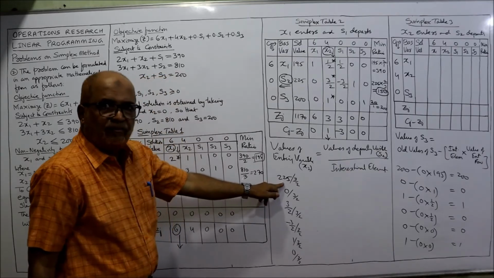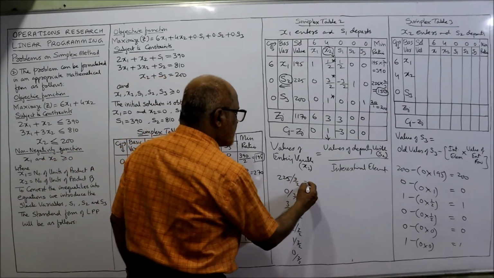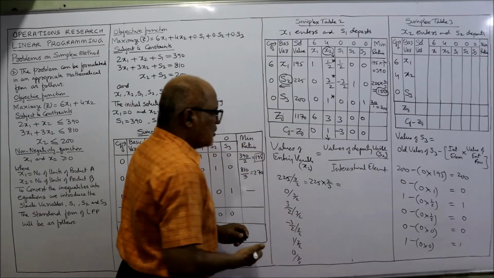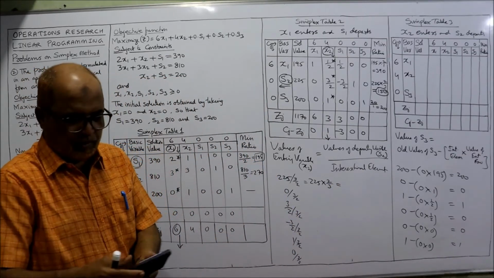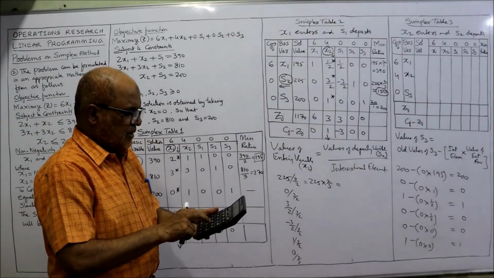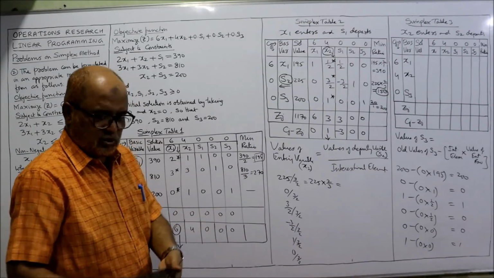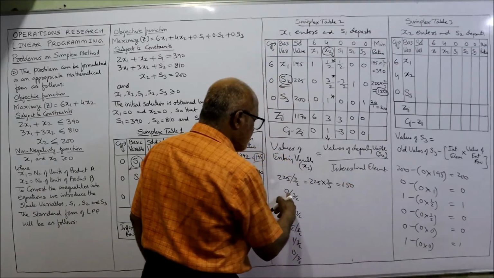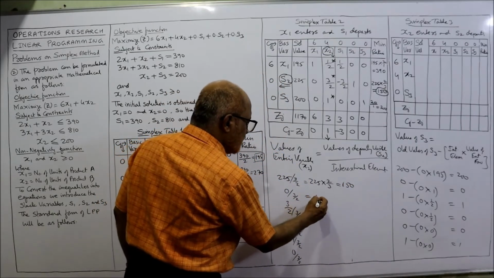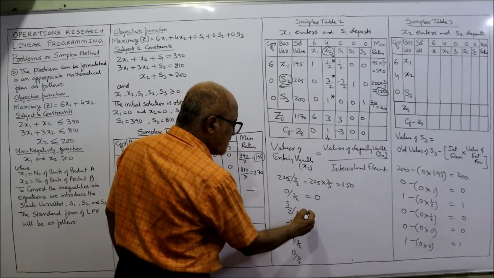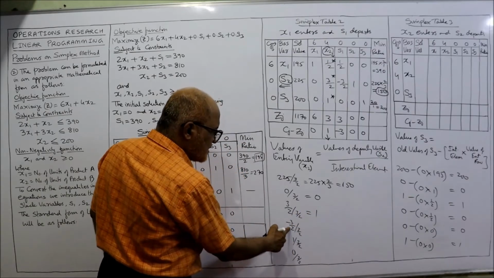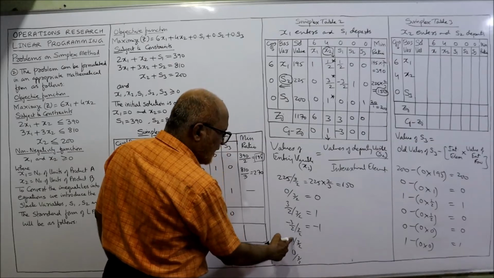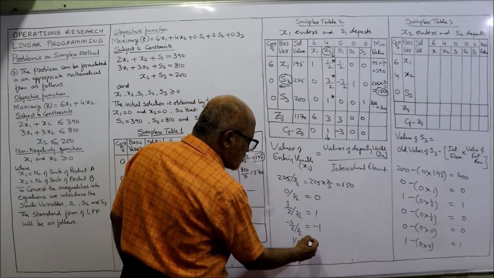So 225 divided by 3 by 2. This can be written as 225 into 2 by 3. So 225 into 2 divided by 3. It comes to 150. Similarly, 0 divided by 3 by 2 is 0. 3 by 2 divided by 3 by 2 is 1. Minus 3 by 2 divided by 3 by 2 is minus 1. 1 divided by 3 by 2 is 2 by 3.